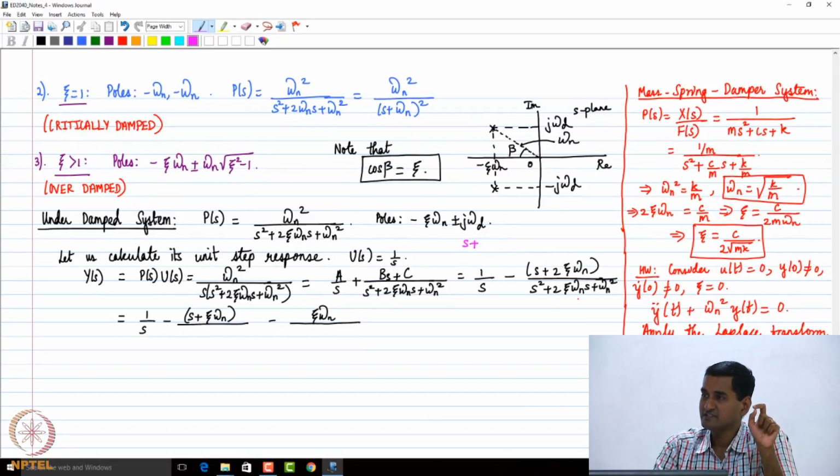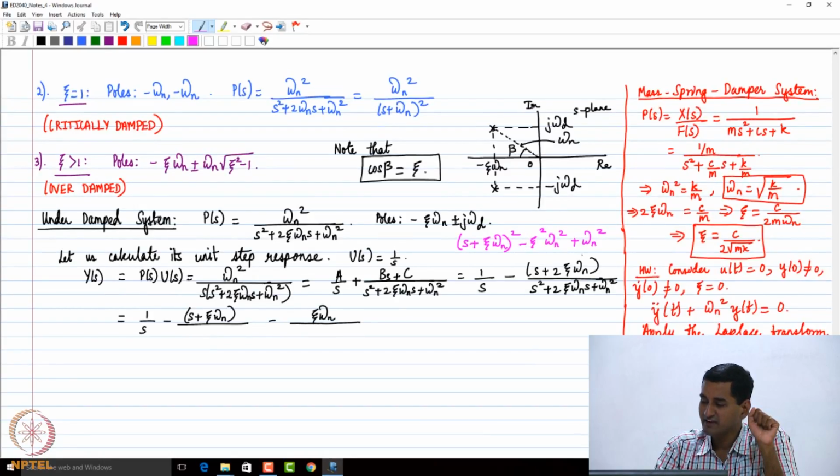The coefficient of s is 2 zeta omega n, so dividing by 2 you get s plus zeta omega n whole square. Then you subtract the constant, which is zeta squared omega n squared. Then you will anyway have this omega n squared left with you. That's the general method to complete the squares.